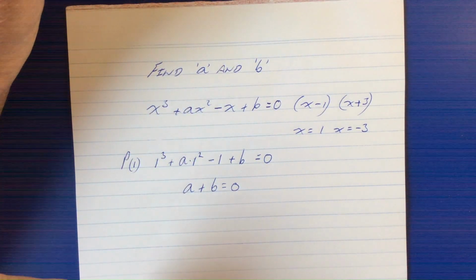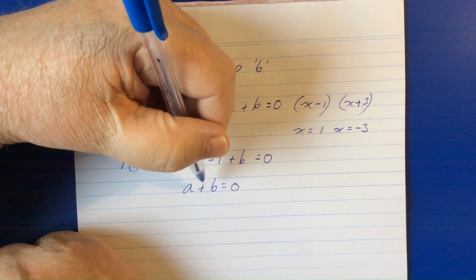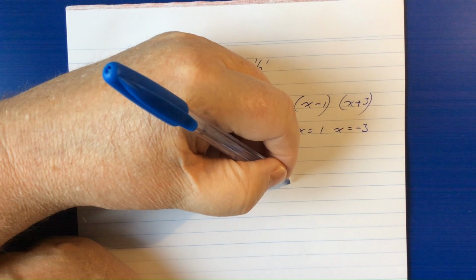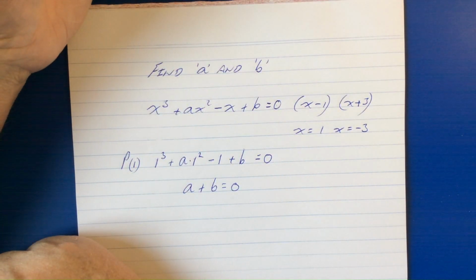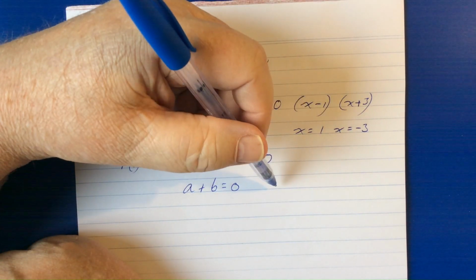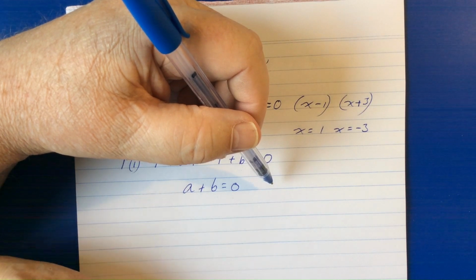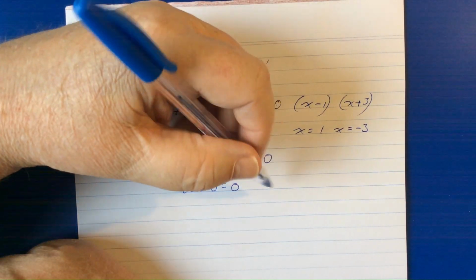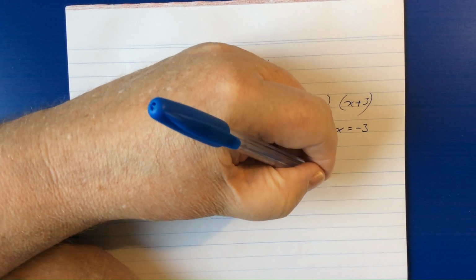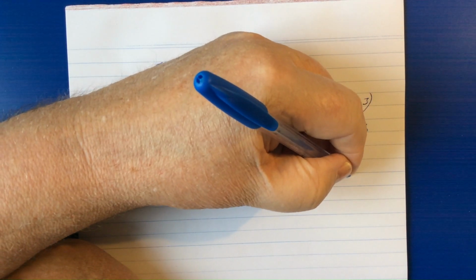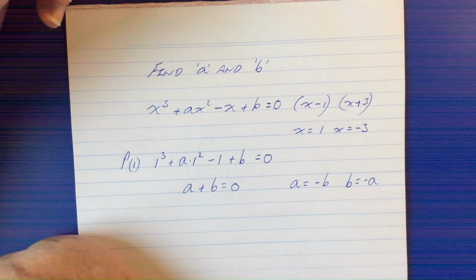Now, that's very helpful, but not necessarily in this form. I suspect that we're going to have to get into a simultaneous equation here. So if we're going to use substitution, which I expect we might do, what I want is an expression for each of these in terms of the other.